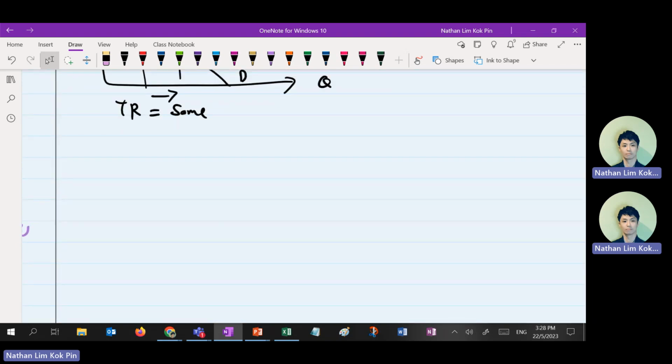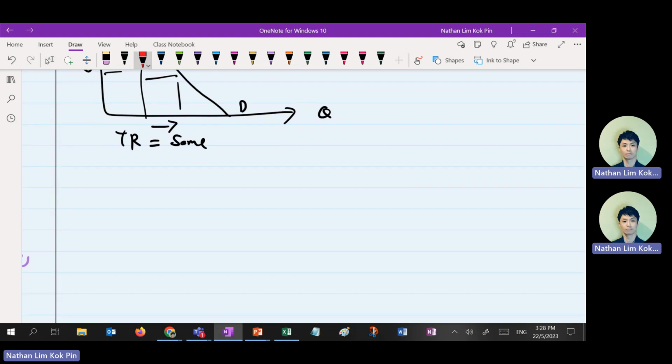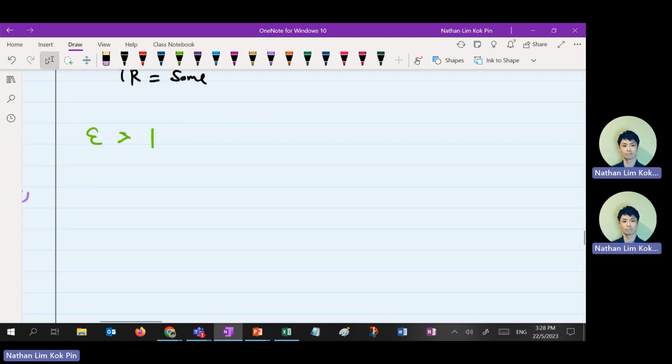So now what's the fourth? Is my fourth one elastic first or inelastic first? My fourth one, according to the manual, is elastic. Okay, now we talk about elastic. Elastic is a good thing. Let me use green color to represent. Elastic is where elasticity is greater than 1, not equal, greater than 1.